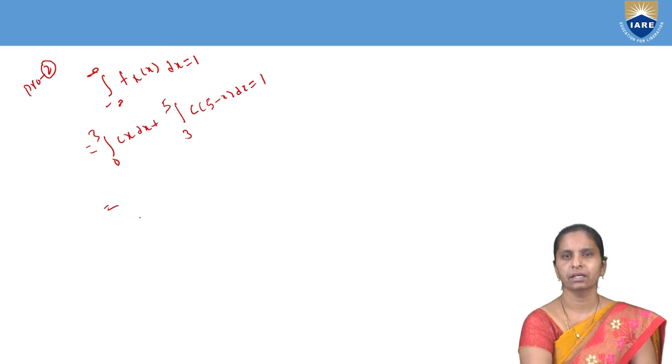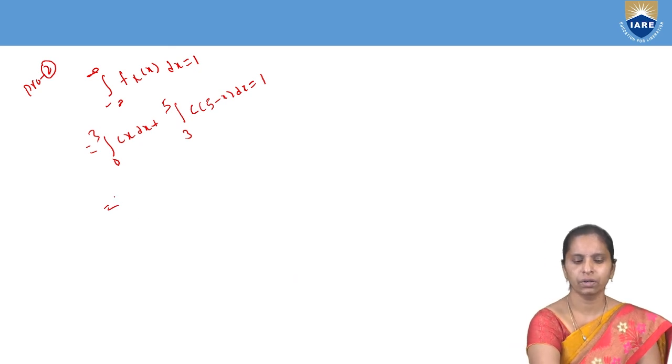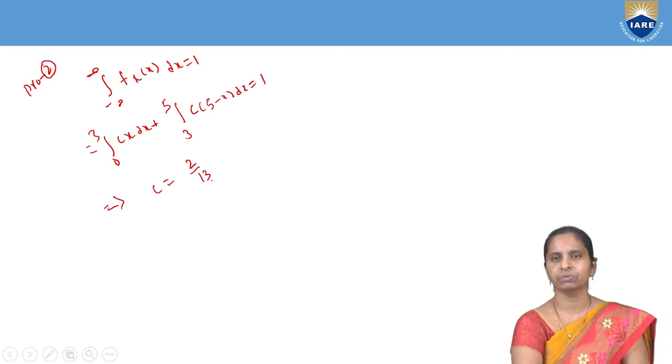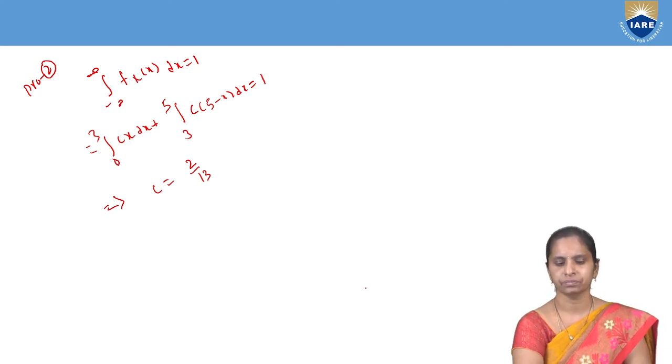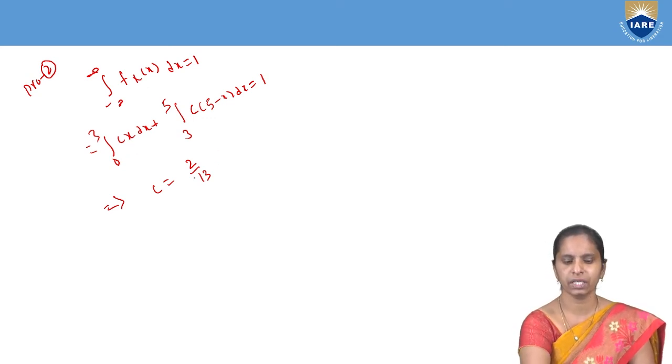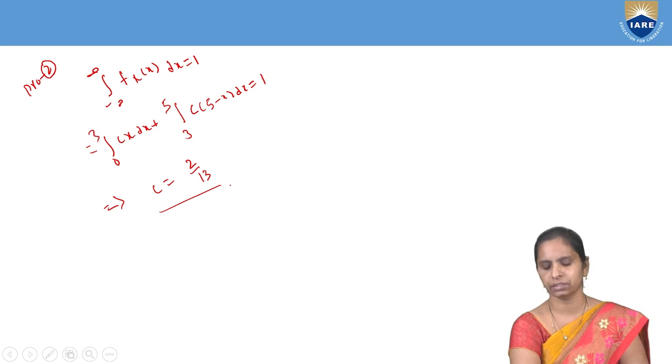Now integrate and then calculate. If you simplify, you are going to get C equals 2 by 13. So just simplify and calculate the value of C.